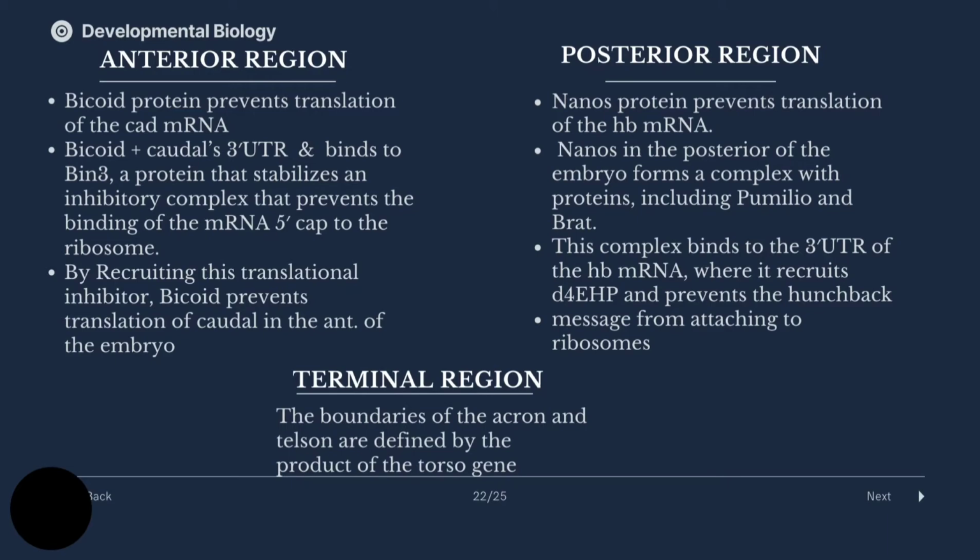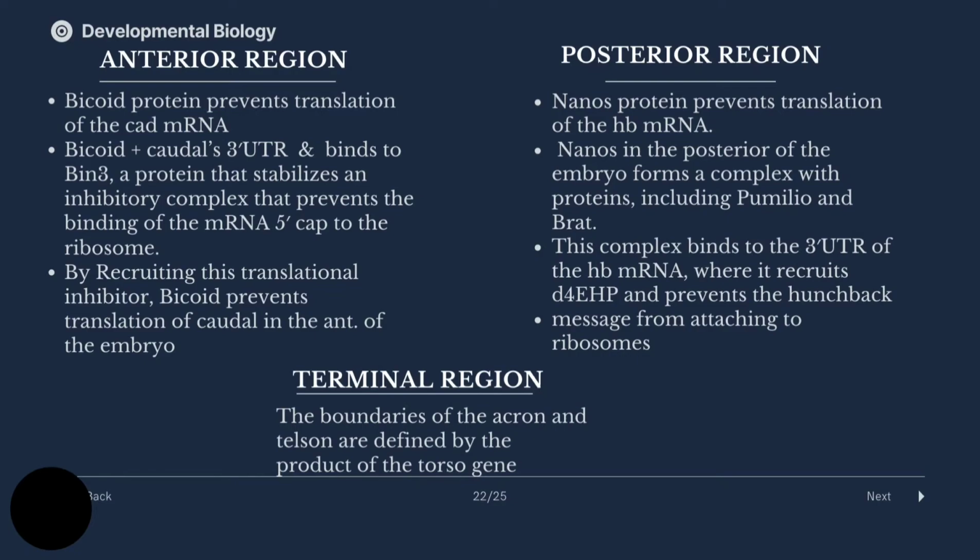And by recruiting this translational inhibitor, the bicoid prevents the translation of caudal in the anterior region of the embryo. That is, at the anterior region, the caudal protein cannot get translated.